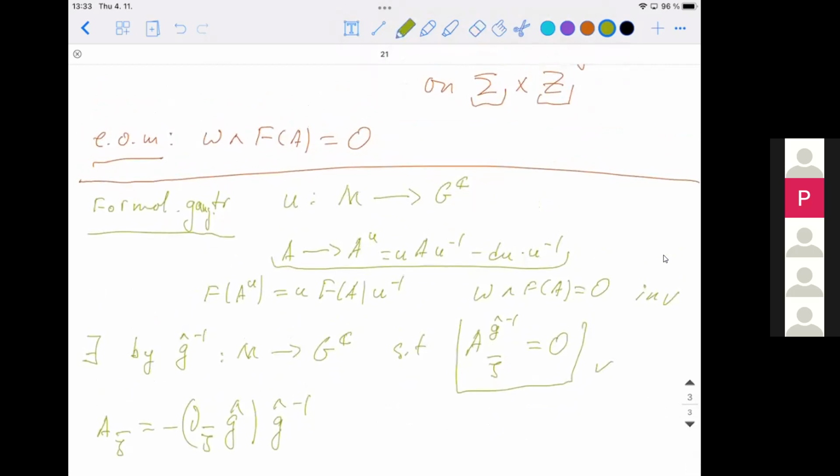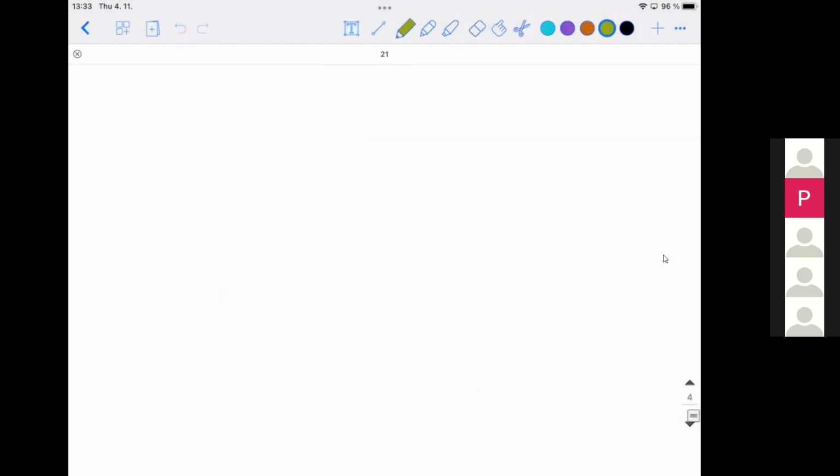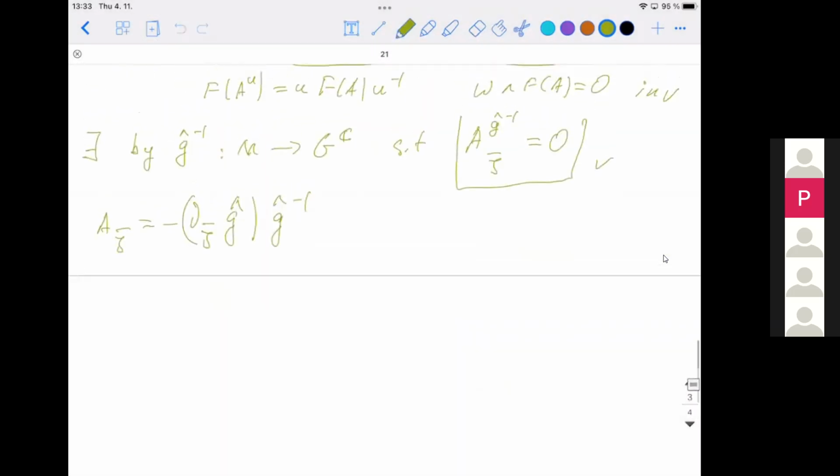And now we can also define L, which will be the Lax connection, on this part.